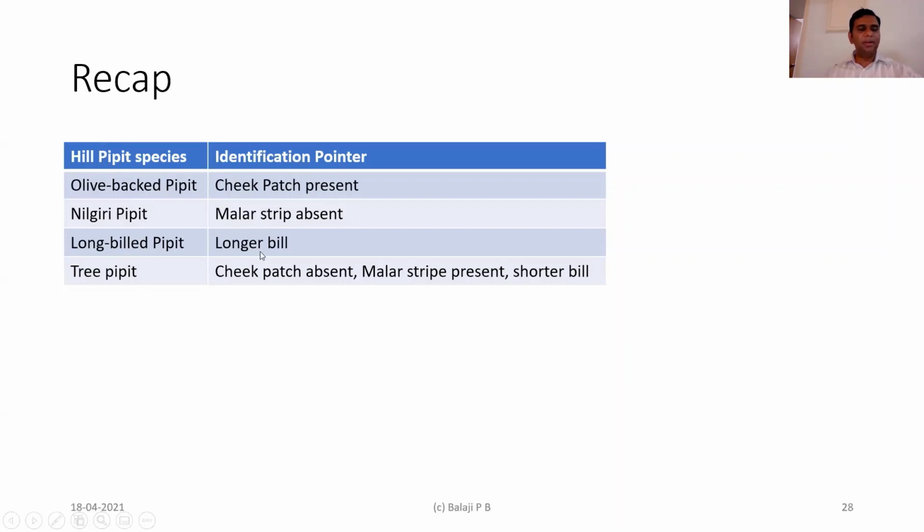The long-billed pipit has a very long bill, and very faint chest markings also. The tree pipit: the black cheek patch is absent, the malar stripe is present, and it has a shorter bill compared to the long-billed pipit. So after eliminating the other three pipits, you arrive at the tree pipit.